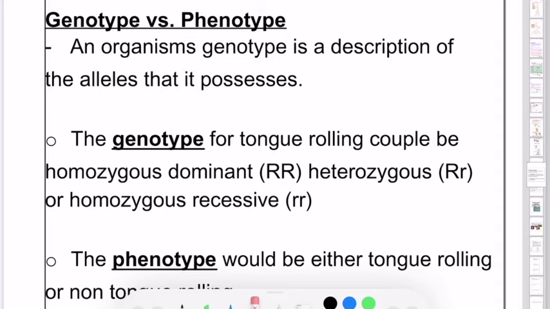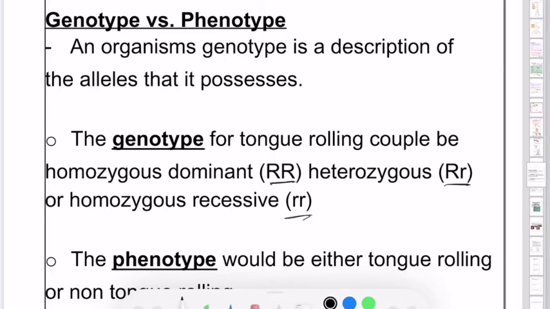The genotype for tongue rolling couple could be, I'm guessing that's what it's trying to say, homozygous dominant, heterozygous, or homozygous recessive. So one of those is going to be the genotype. So genotype really is these letters that we assign to that.